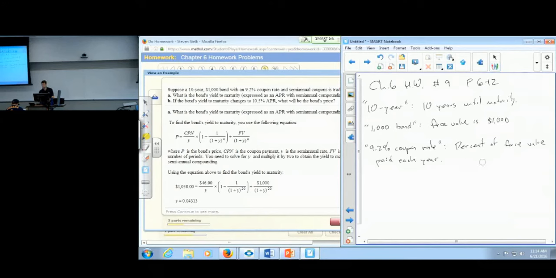I'm going to be a little bit more clear in that for folks that aren't here. It'll often just say 9.2% bond and it won't specify coupon rate. Hey, what's it telling us when it says semi-annual coupons? Maybe done twice a year. Yep.